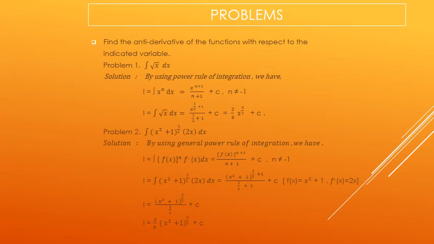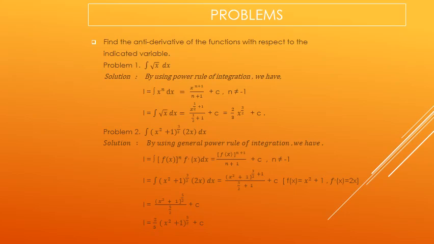Problem number 1 is the integral of radical x dx. We already know this is the sign of integration and this is the function f of x, and dx is the operator.